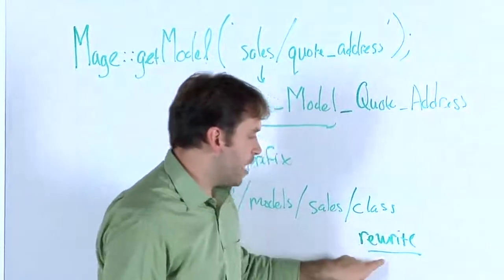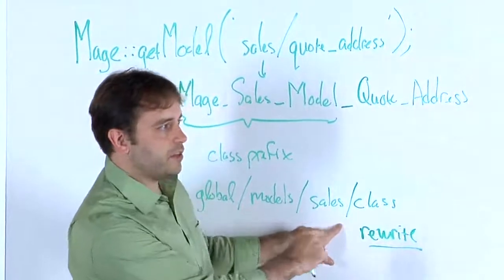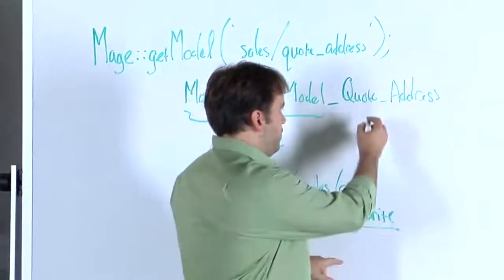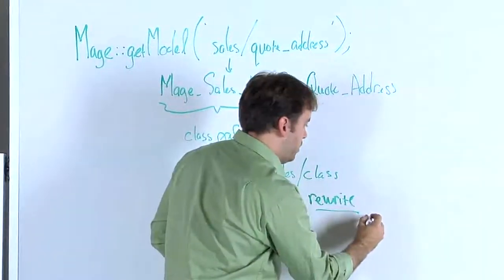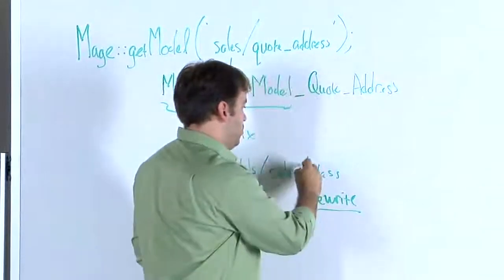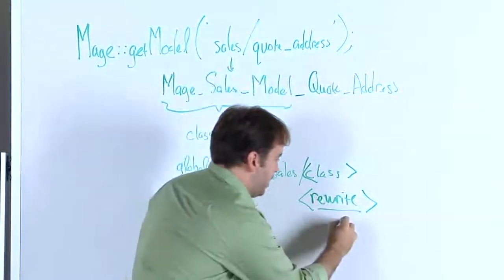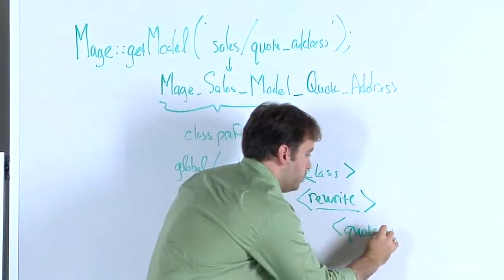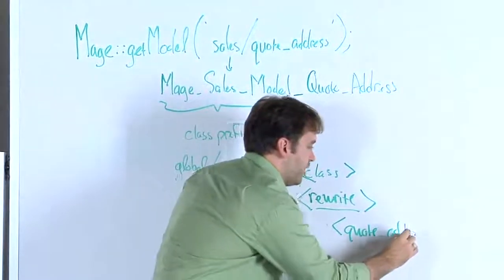So these two sibling nodes, and looks at the value there. Now, under rewrite, the configuration class looks to see if there is a match here, quote underscore address. So basically, we've got a class node and a rewrite node right next to each other, and then we have, in our case, we're adding quote address.